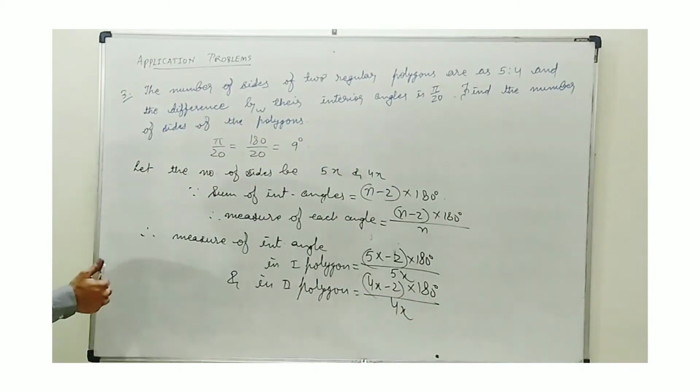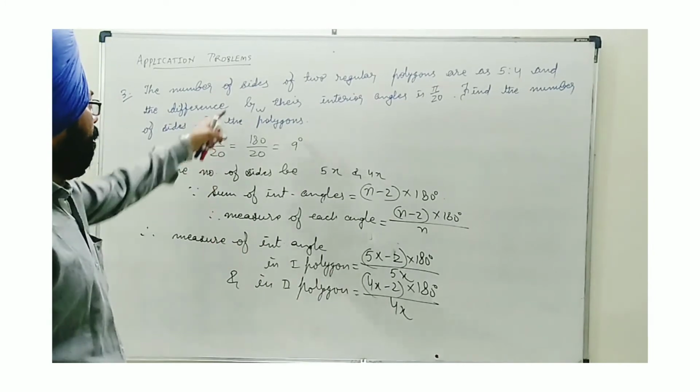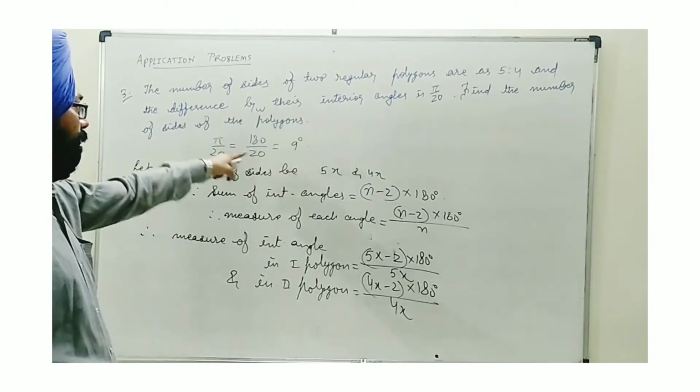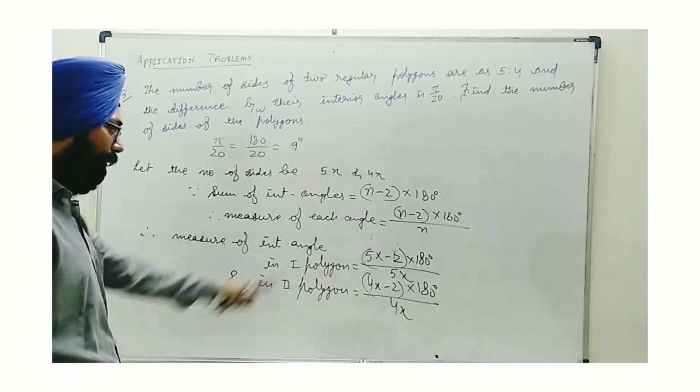We have obtained that the difference between their interior angles is pi by 20, which was equal to 9 degrees. So we have obtained these two.